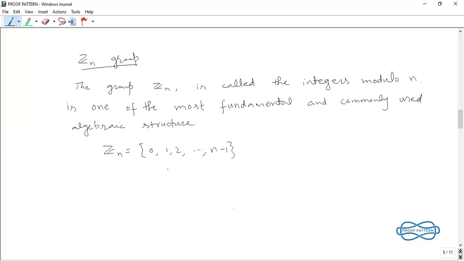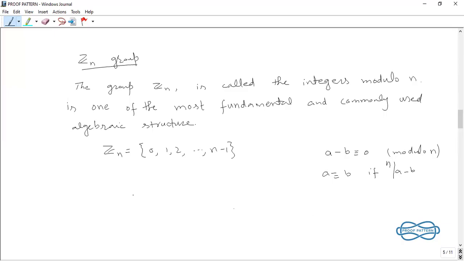We can see that a minus b will be congruent to 0 modulo n whenever the remainder of a modulo n and the remainder of b modulo n are equal. That's why we can see that a is congruent to b whenever a minus b is divisible by n.